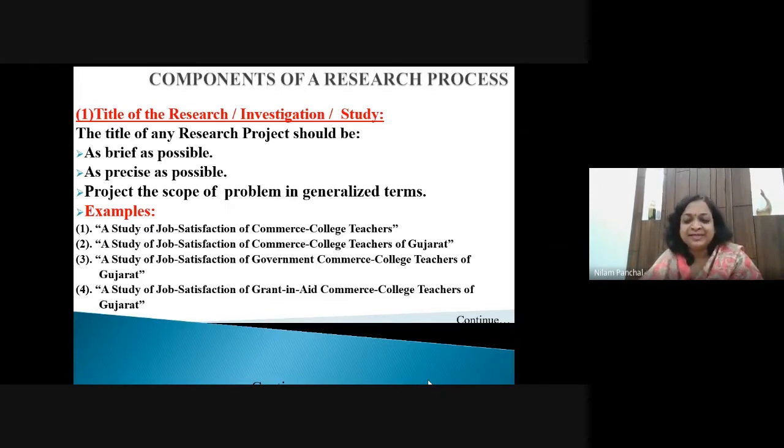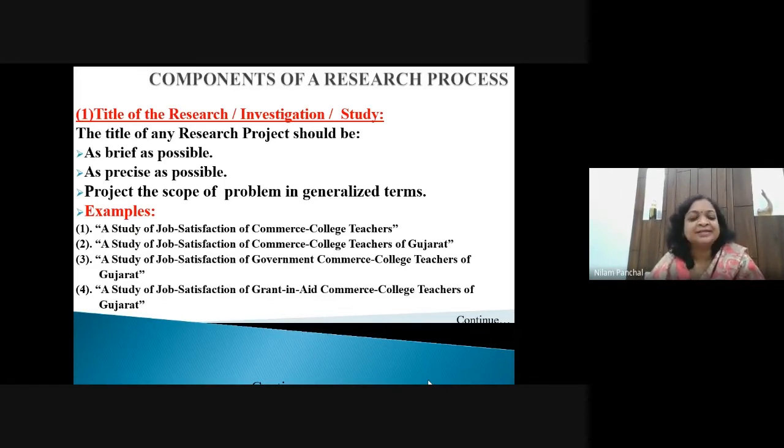Let's see some examples of the title of the research. First is a study of job satisfaction of commerce college teachers. Secondly, a study of job satisfaction of the Commerce College teachers of Gujarat. You need to observe these titles and think over which is giving you the exact research title.